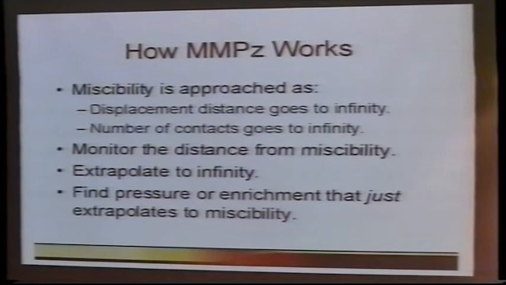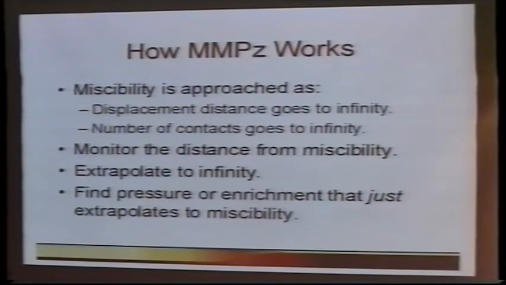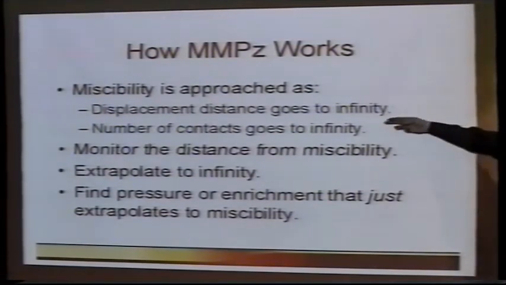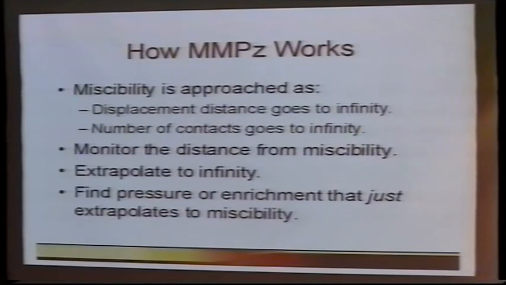Now, let's see. I'm going to try to quickly explain how this works. Basically, as miscibility is approached, the displacement distance goes to infinity, and the number of contacts goes to infinity. So what we want to do is monitor the distance from miscibility as a function of distance and contacts.